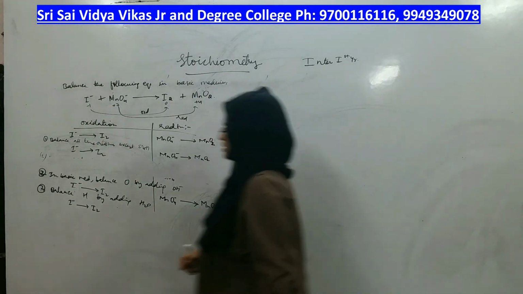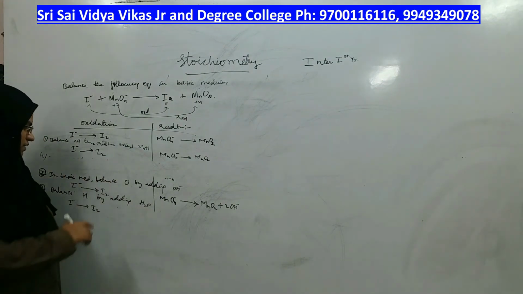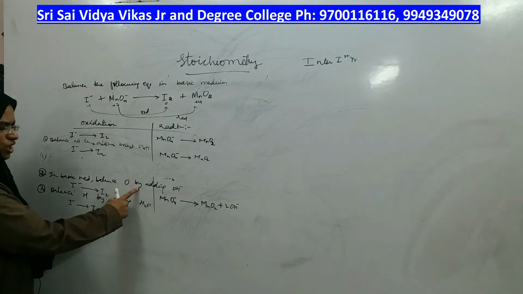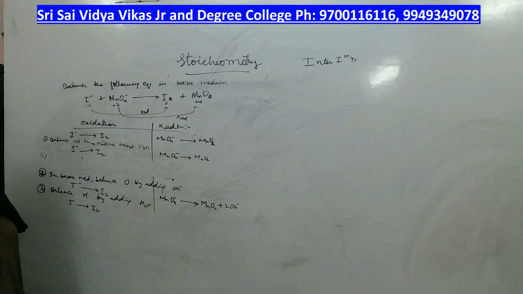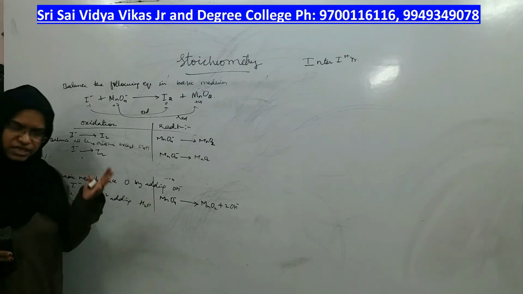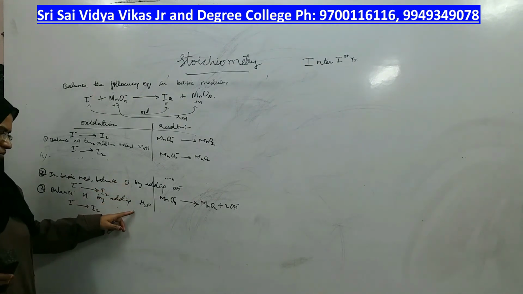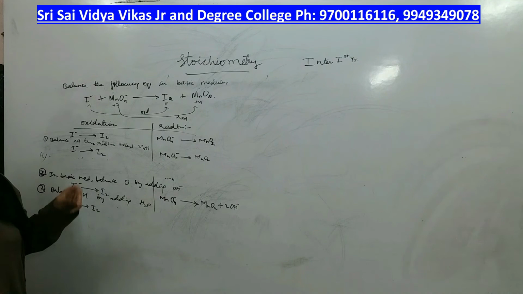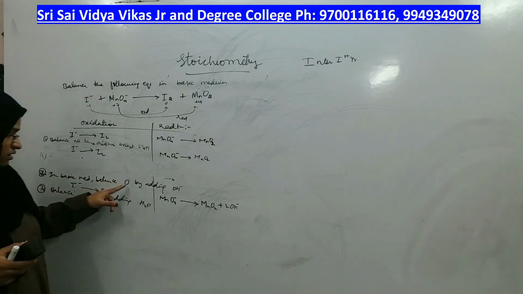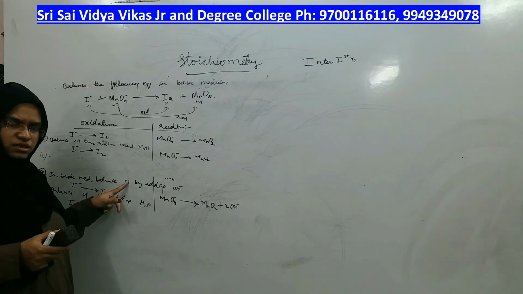So now let us continue with this, in which we have balanced oxygen and then we have to balance hydrogen, right? Whenever you come across such a stage where if you balance oxygen, hydrogens increase, and if you balance hydrogen, oxygens increase, you have to follow the hit and trial method. In what way? First balance oxygen.